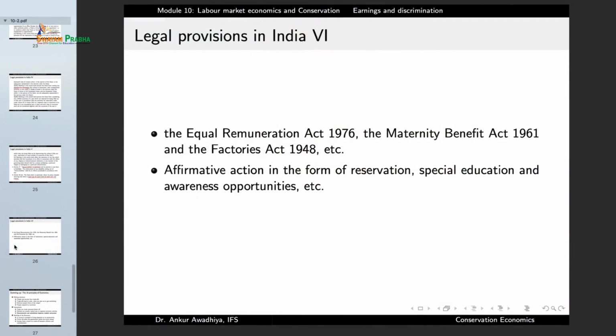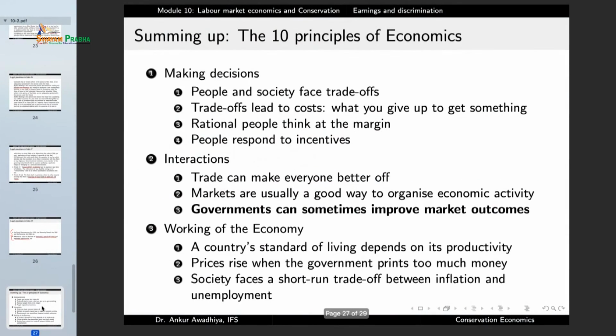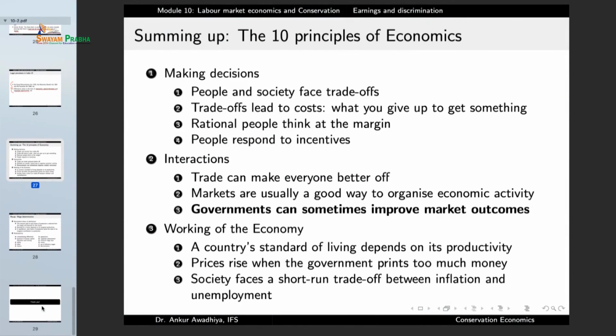And because of these provisions, we also had a number of laws that were made. The Equal Remuneration Act, the Maternity Benefit Act, the Factories Act, and we also have affirmative action in the form of reservation, special education, and awareness opportunities. So, what the government is doing by all this is that in our country, we are trying to remove discrimination. And so, we can also touch upon the principle of economics that governments can sometimes improve the market outcomes.